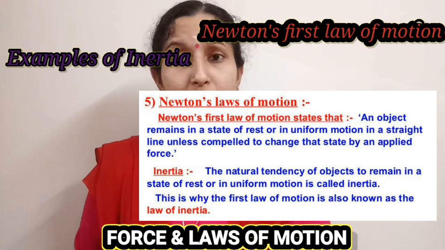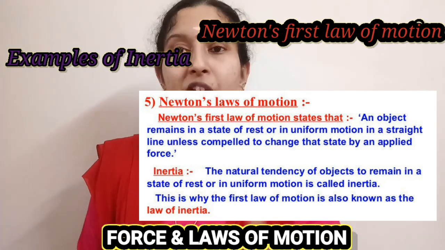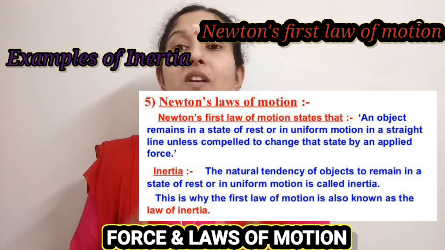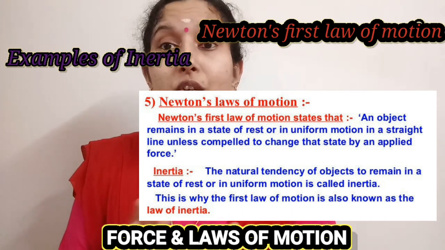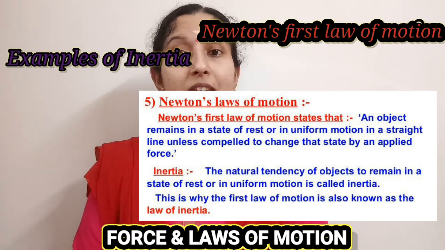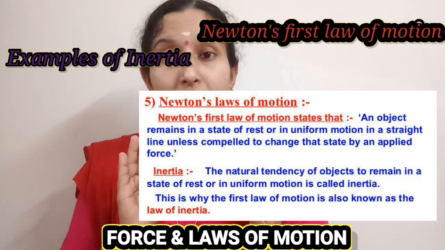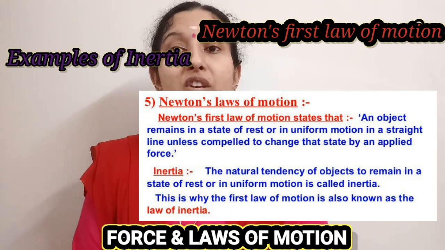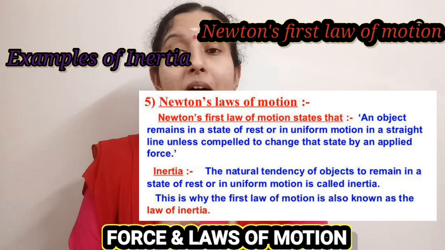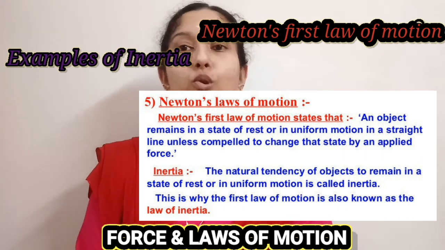The statement of Newton's first law of motion is that an object remains in a state of rest or uniform motion unless compelled to change that state by an applied force.